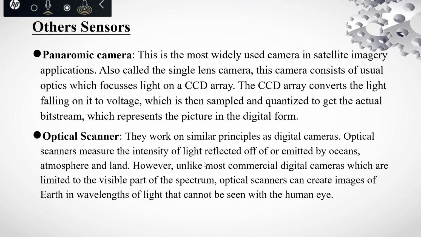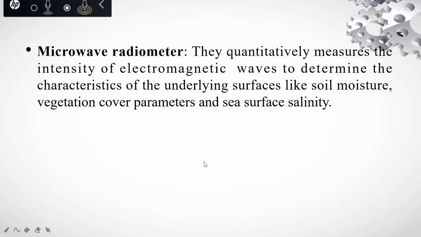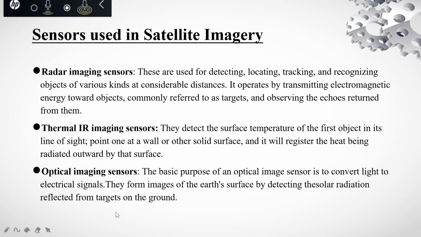Next is optical imaging sensors. The basic purpose of an optical image sensor is to convert light to electrical signals. They form images of the Earth's surface by detecting the solar radiation reflected from targets on the ground. So these are used in satellites mainly because they are converting light, for example the light we are getting from solar radiation. We use that to form images of the Earth's surface.